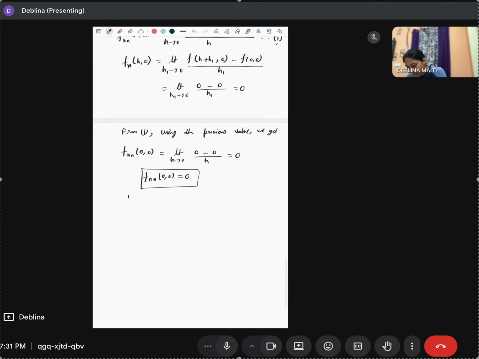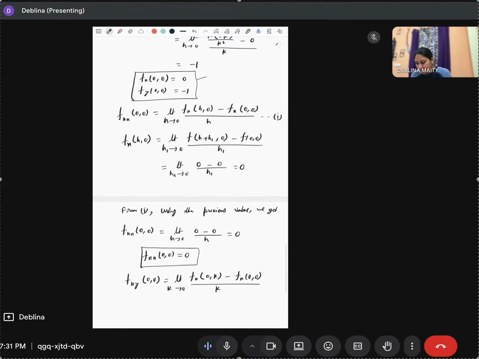So let's find fxy(0,0). It is the limit as k goes to 0 of fx(0,k) minus fx(0,0), divided by k. So you have to find fx(0,k) and fx(0,0).